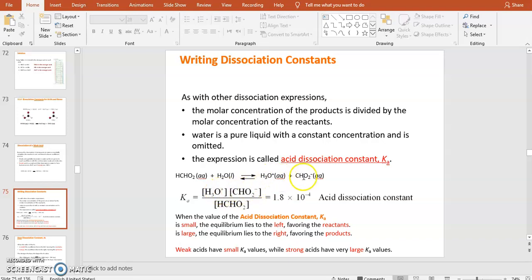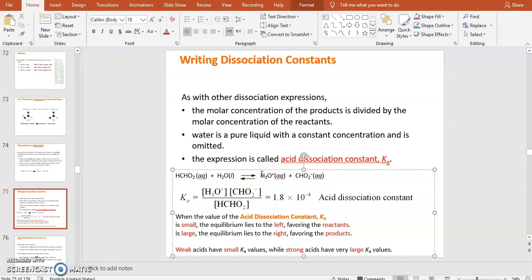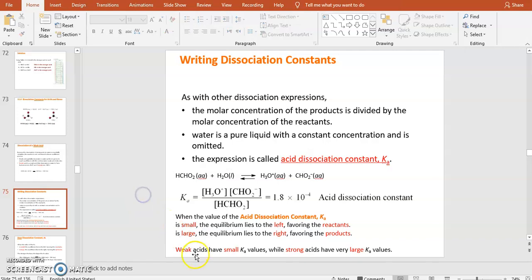Products, which are these two, and we don't have any coefficient, so those over the reactant, which is the acid. The water is 1, so just don't write it. And you will get this number. Weak acids have a small Ka. Strong acids have a large Ka.